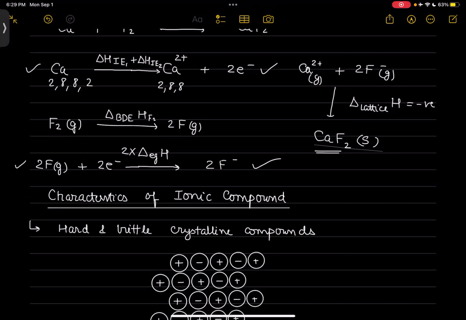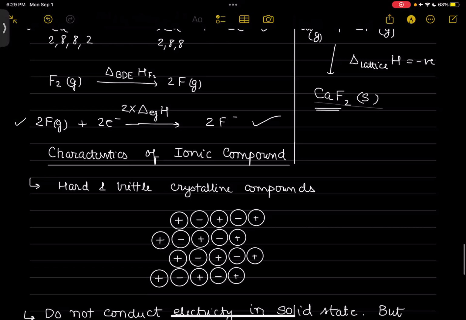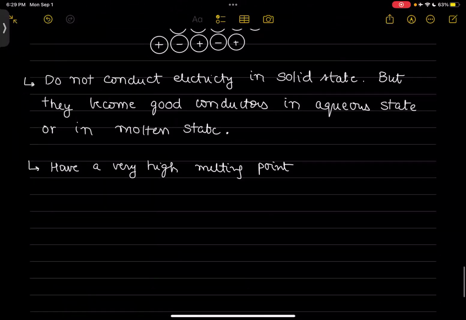But if you take 1 mole of ions in gaseous state, when they combine, they will release that same amount of heat. Got it? Is it clear? Yes. So lattice enthalpy is the amount of heat required to break 1 mole of ionic solid.